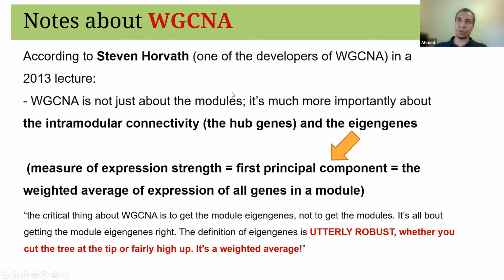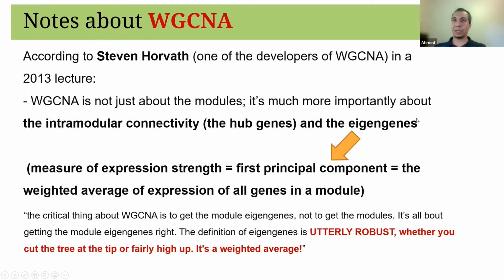It's not, again, about just creating modules. It's more important about this connectivity because you get these eigenvectors or eigengenes, as they call them in this statistical package. And these eigengenes allow you to do a lot.